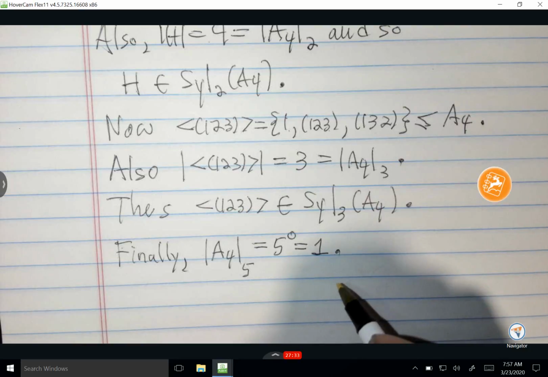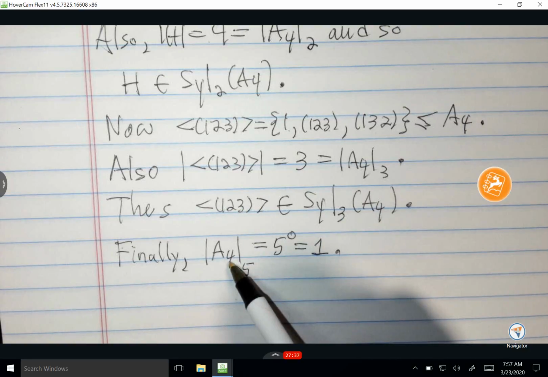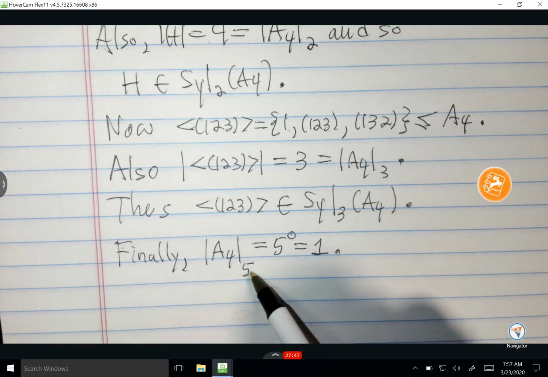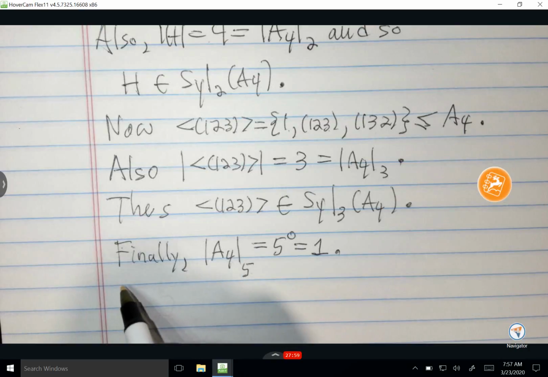So that means if I can find a subgroup of A4, hopefully I didn't say A5, okay? A4. If I can find a subgroup of A4 that has order 1, then I found a Sylow 5 subgroup of A4. It's easy to find a subgroup of any group of order 1, just the identity. So let's say that.